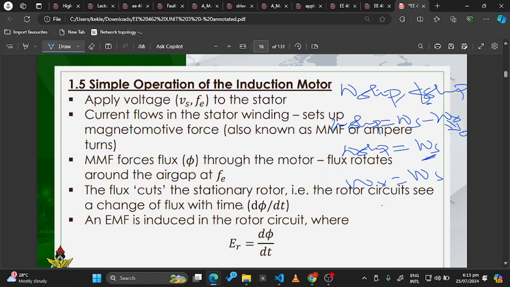That's going to induce an EMF, then current will flow, then a torque will be produced, then the rotor will also start moving.